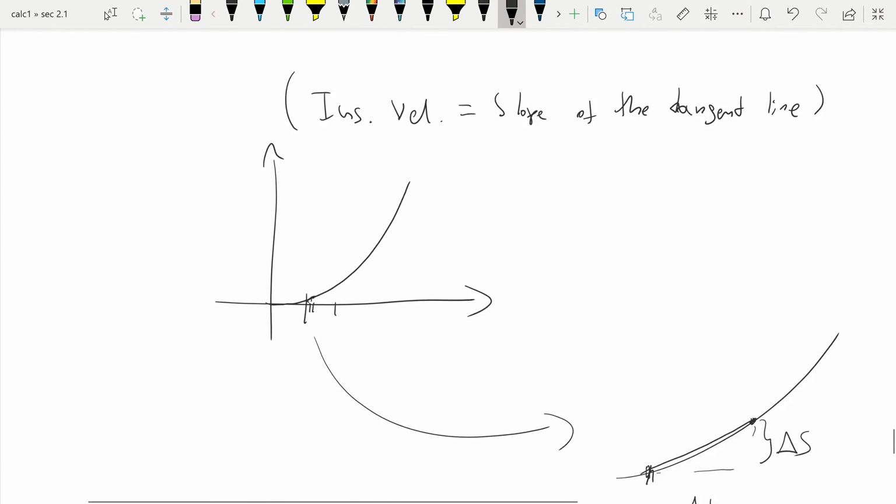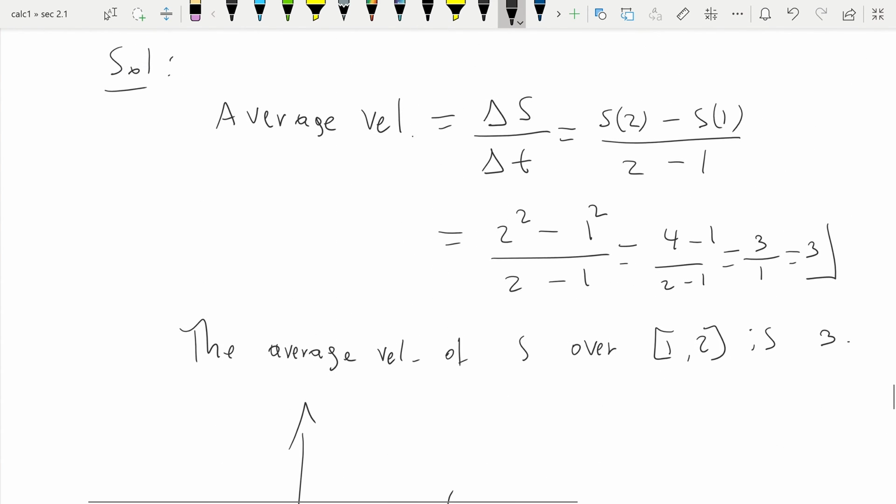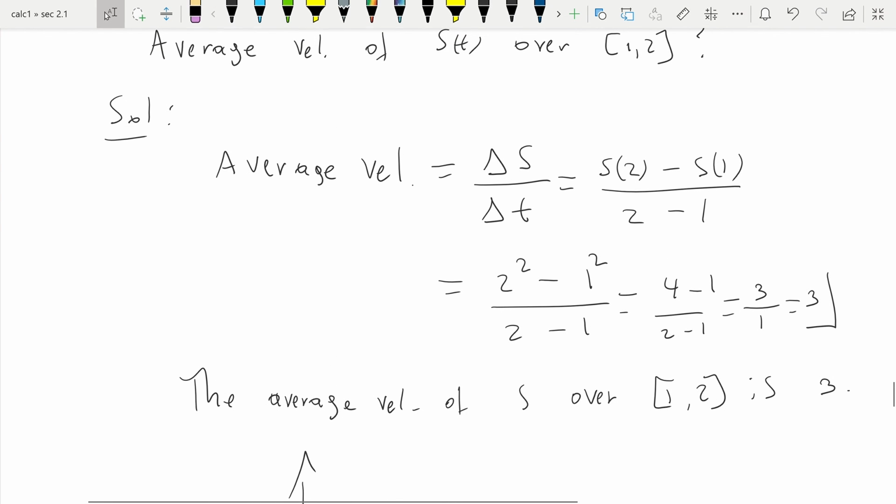So here, if we go back to the original problem where we computed the average velocity, 2 is 1 plus h, so this means h is equal to 1.